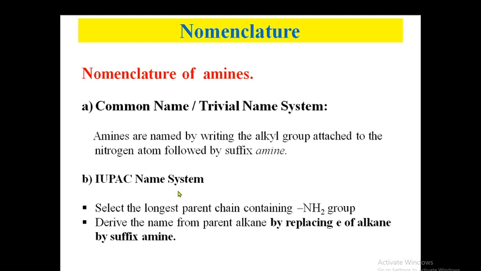And in IUPAC nomenclature system, as all of you know, we have to select the longest parent chain containing NH2 group, then derive the name from parent alkane by replacing the e of alkane by suffix amine. You will get the IUPAC name of the corresponding amine there.